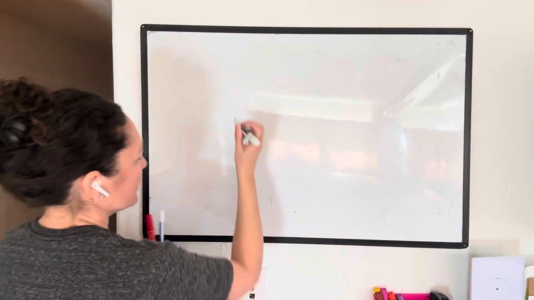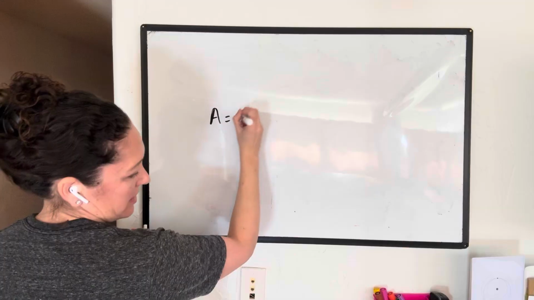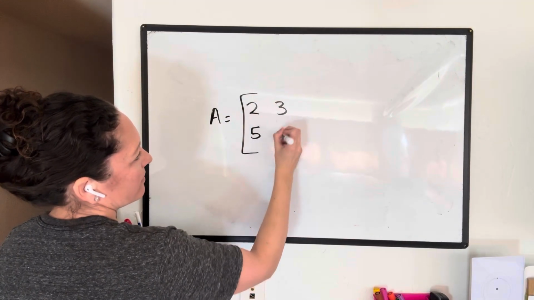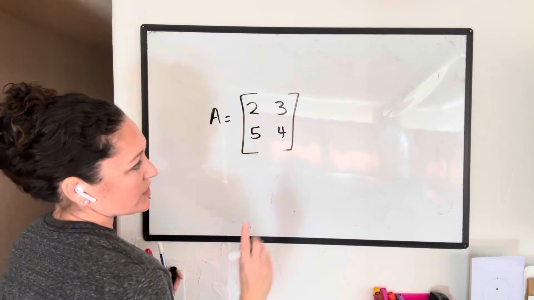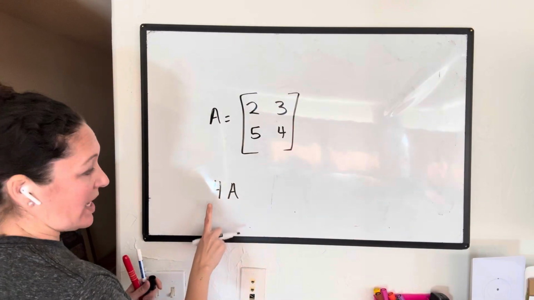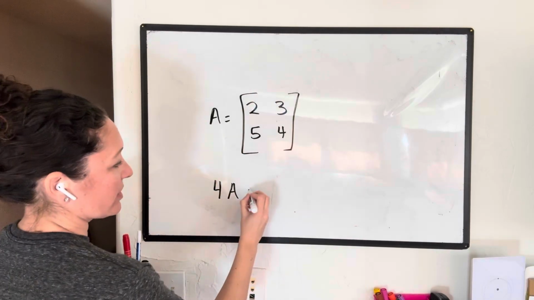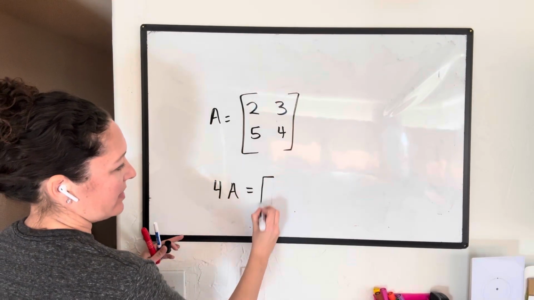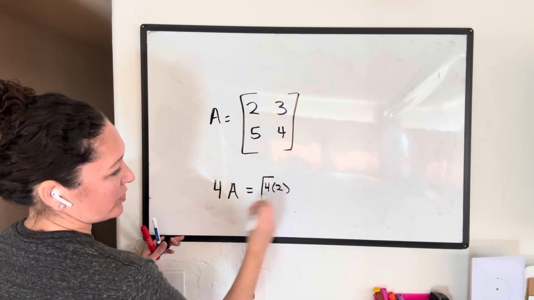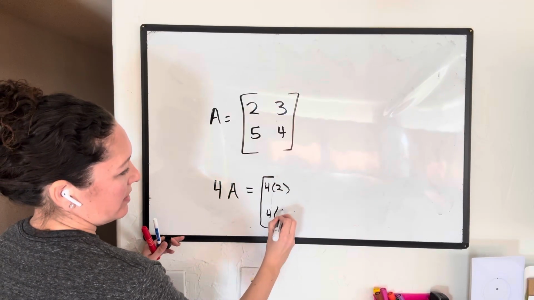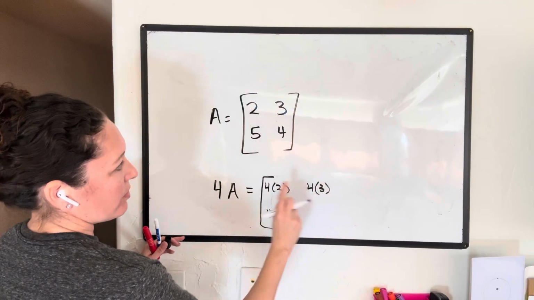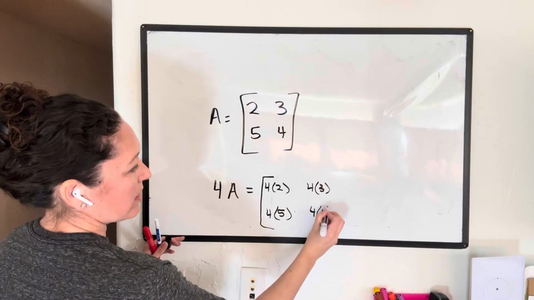But multiplication, so let's take the matrix 2, 5, 3, 4 on here. If I want to say 4A, so I'm multiplying 4 by the matrix A, this is the same as saying, well, here, I'll write it out in longhand, and then we'll show what it solves to. 4 times 3, and then 4 times 4.